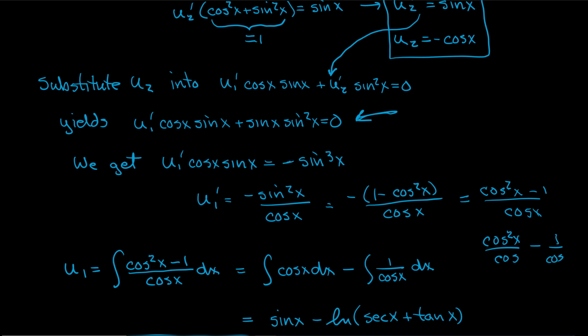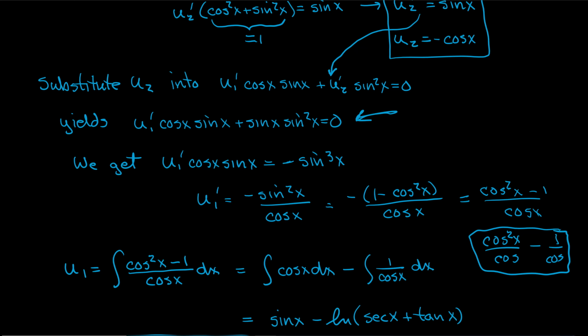You may be wondering where this negative sign went. I distributed it, which gave me a negative 1 and a positive cosine squared, which is what you see over here. Okay, so what I now have is u1 prime is equal to cosine squared over cosine minus 1 over cosine.